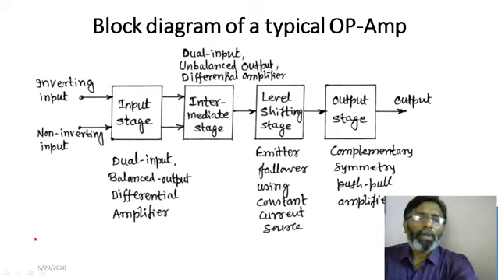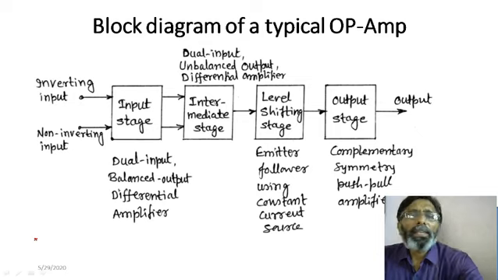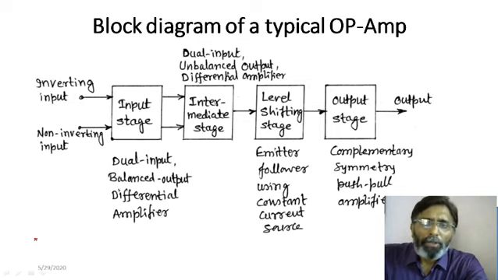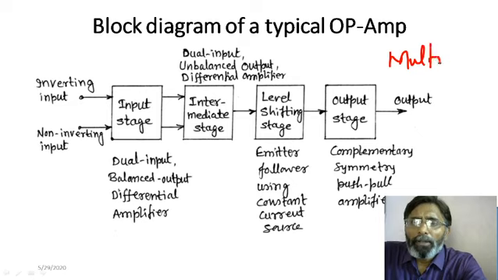Now, in the typical op amp, we have already seen that an op amp is a very high gain direct coupled amplifier. Basically, in an amplifier, if you want a very, very high gain, the basic requirement is that you have to go for a multi-stage amplifier.